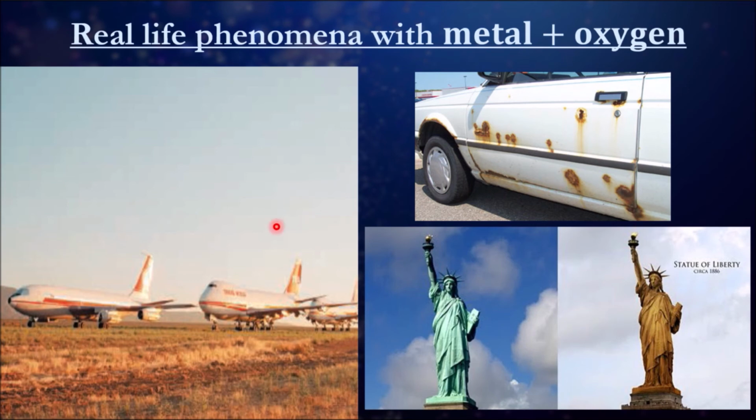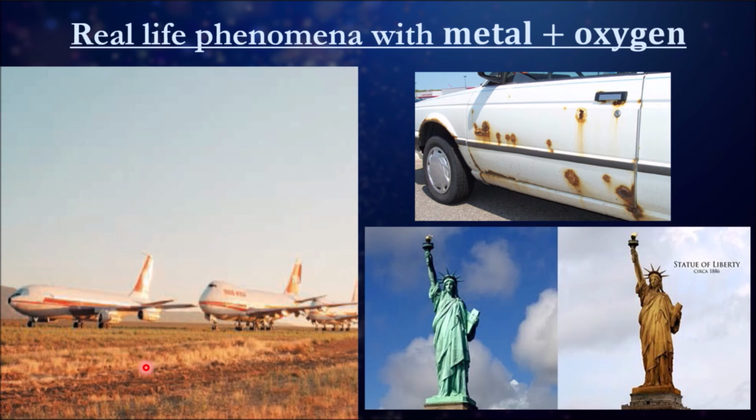In certain places, I think this was in Northern California, they can actually park their planes outside. Now, in most other places, particularly in Sydney Airport, they would actually park their planes inside a shelter where there's low exposure to moisture.